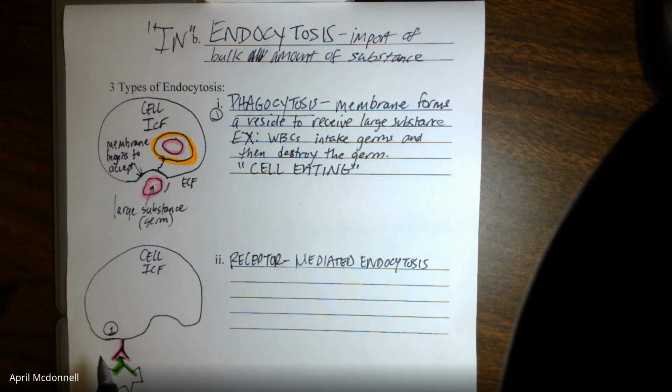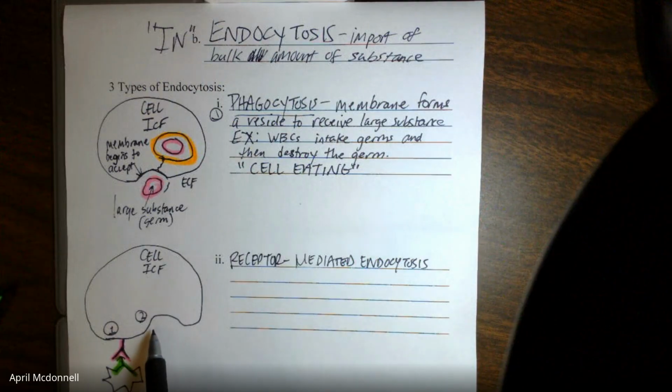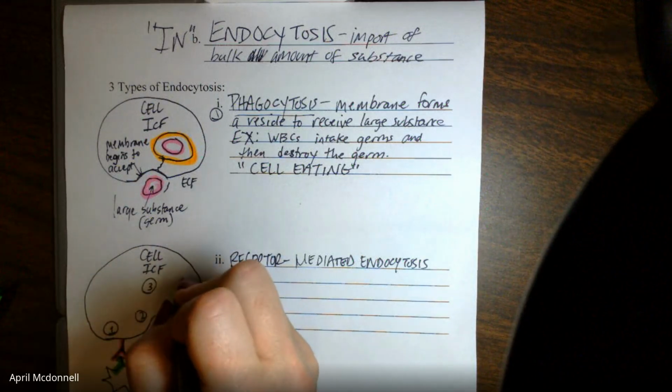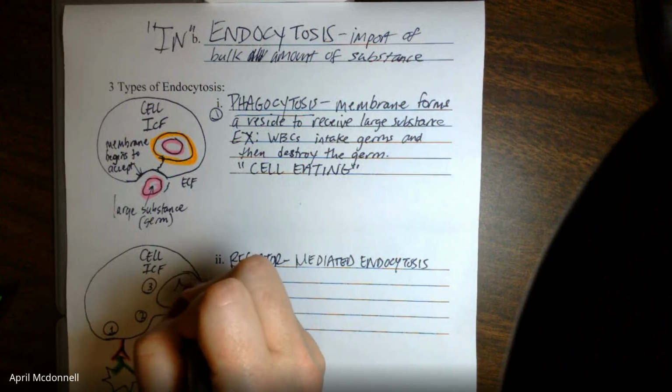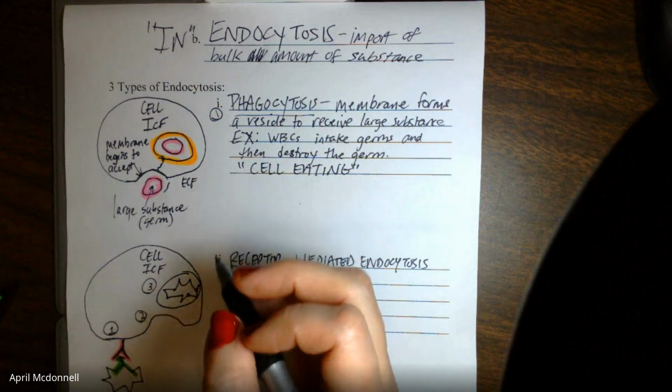And that's basically going to tell this cell, okay, we want to bring this large substance into the cell. So then the cell membrane will start to form a little indentation to accept this large bulky substance inside. And then a vesicle will be formed to accept this large substance.